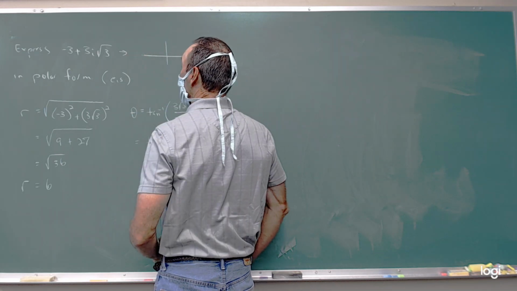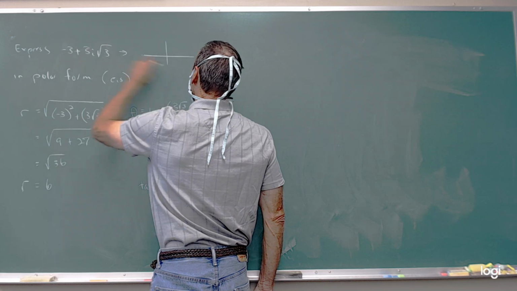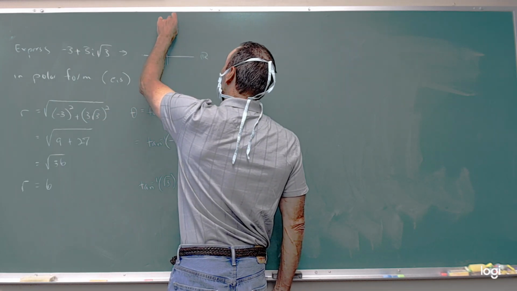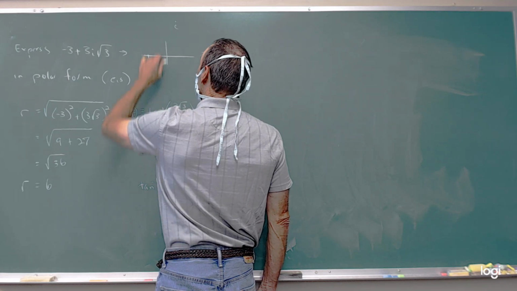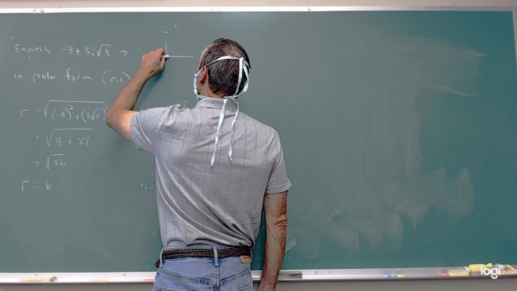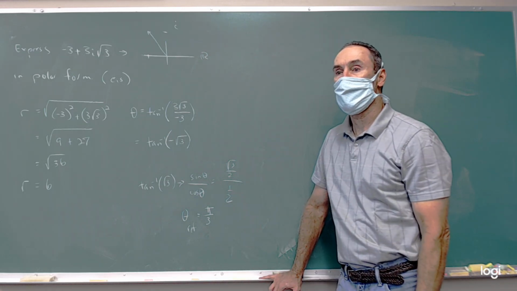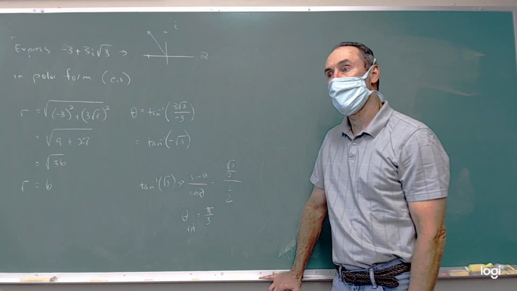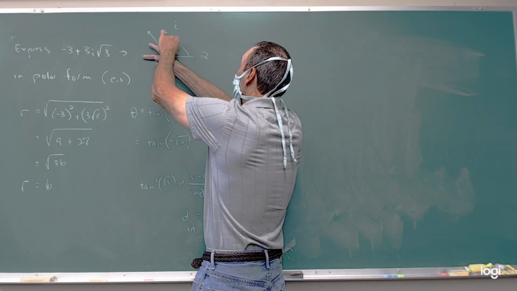So remembering that our original had a -3, here's our Argand diagram again. So -3 for the x and 3 square root of 3 for the imaginary part. The y part is going to put us in quadrant 3. So would theta then be?